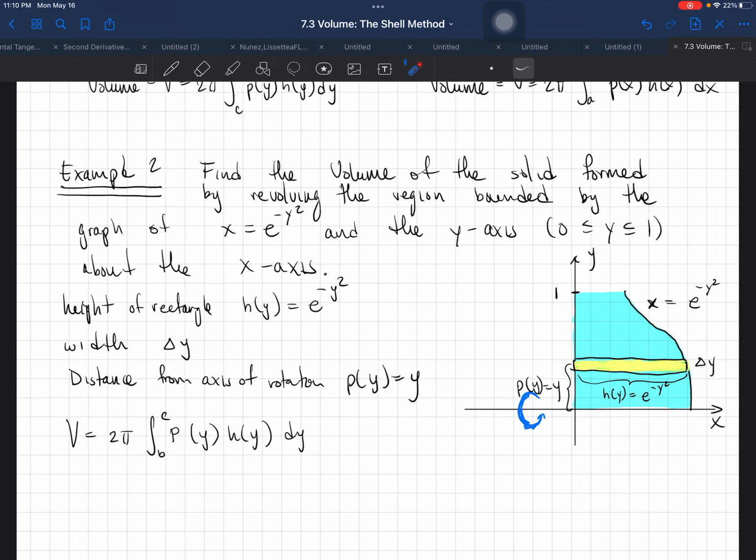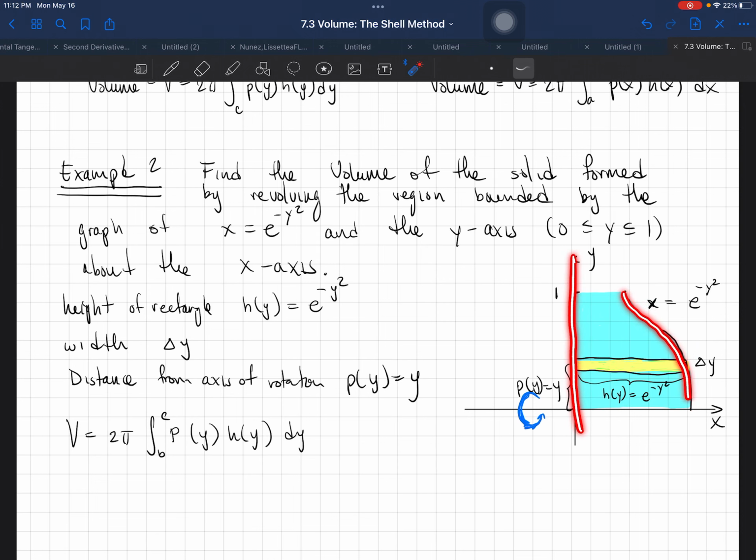All right, so I went ahead and graphed this. Of course you can always use a graphing calculator to graph this. It gives you an idea, right? So here is the example. They ask us to revolve the region bounded by this function, which is right here, and the y-axis, which is right here.